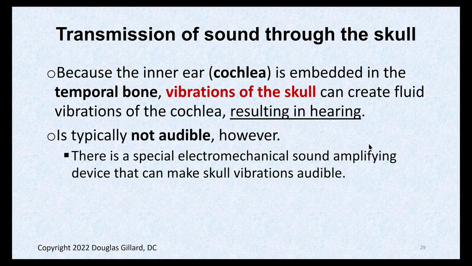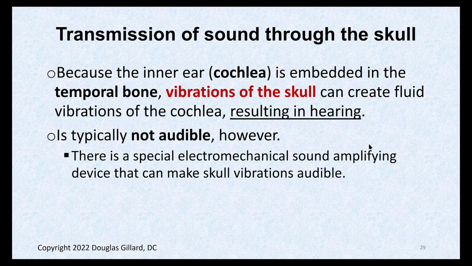Okay, so let's see, one kind of random slide here. Didn't develop this one too much, just didn't have time. But there is a transmission of sound. Sound waves can also get into the cochlea, not through the external and middle ear. They can get into the cochlea right through the skull. So sound waves can travel through the bone of the skull and vibrate the cochlear fluid. It's typically a terrible way.